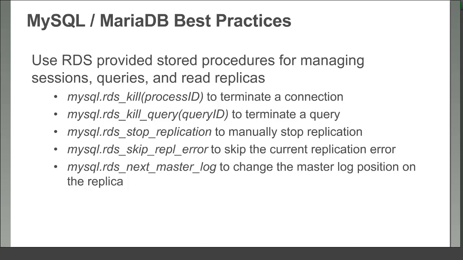For example, RDS kill can be used to terminate a connection. RDS kill query to terminate a query. You can also do things like stop and start replication, which we'll see a little bit later in our demo that we're going to do. And you can also move along, skip a replication error, or change the master log position on a replica in the case of bin log replication.